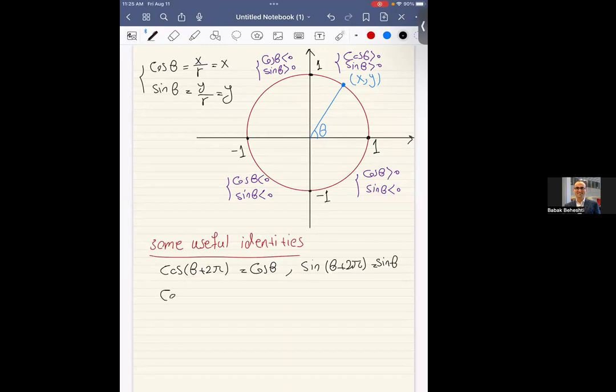Then we have cosine of pi minus theta is minus cosine of theta, and sine of pi minus theta is equal to sine theta.